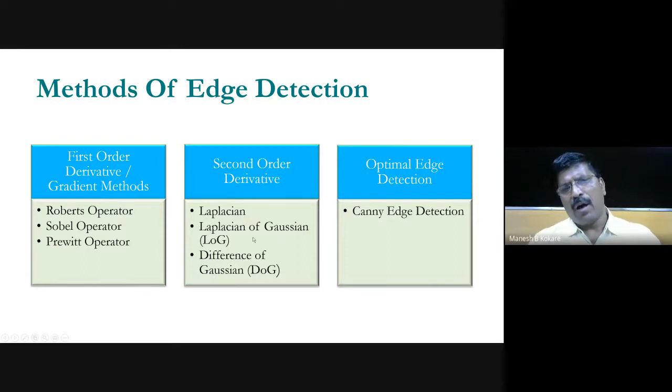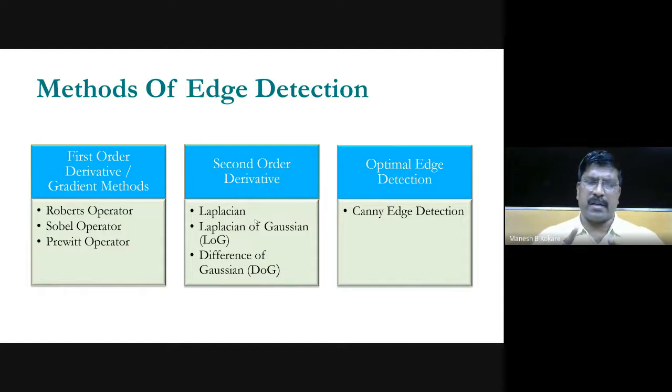But whether it is a first order derivative method or a second order derivative method, the ideal edge detection method should detect the edge at the right place, means wherever the edge is, only at that location should the edge be detected, so localization should be good.